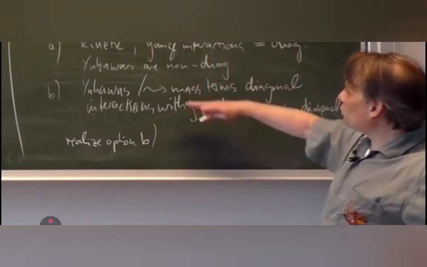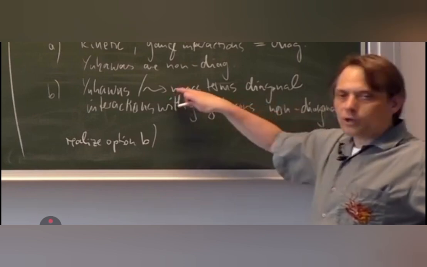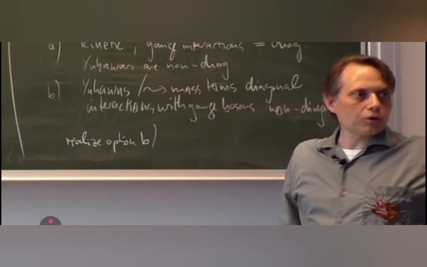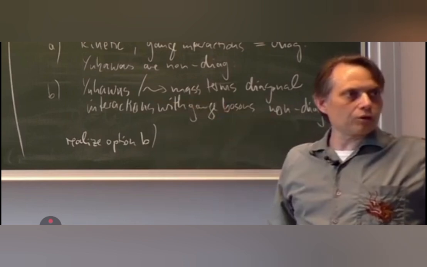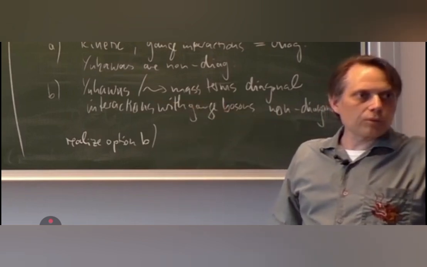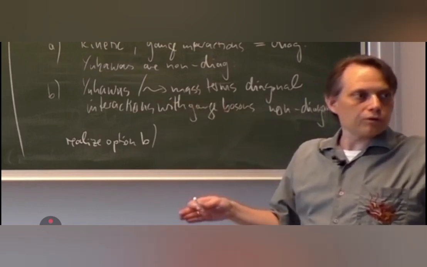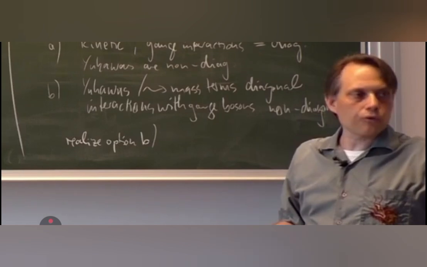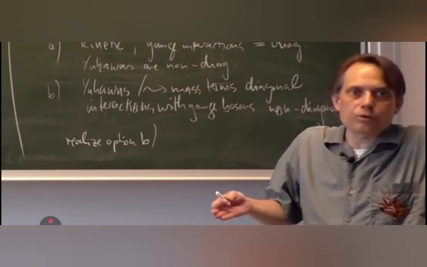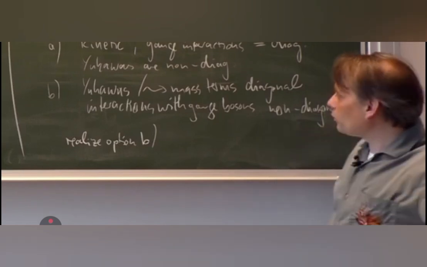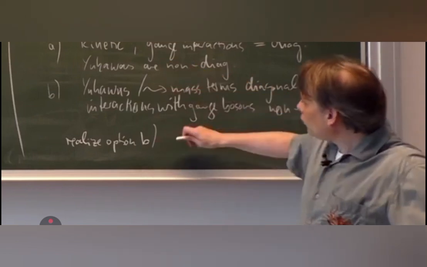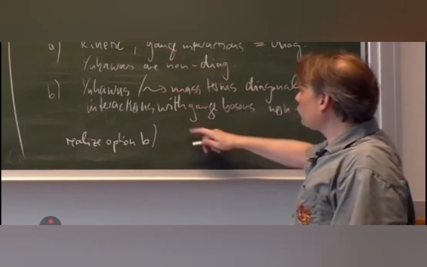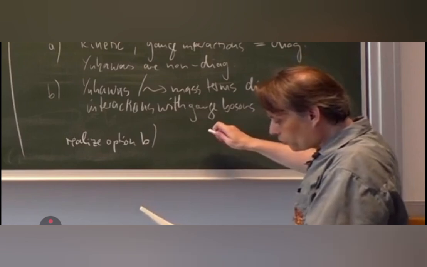We would like to realize it because if we have diagonal mass terms, it means we can directly understand the physics content of the Lagrangian. Because if the mass terms are diagonal, every field corresponds to a mass eigenstate particle, and then we can read off what the masses are directly from the Lagrangian. So that would be nice for the physical interpretation. And in order to realize this option with the diagonal mass terms, we do the following.